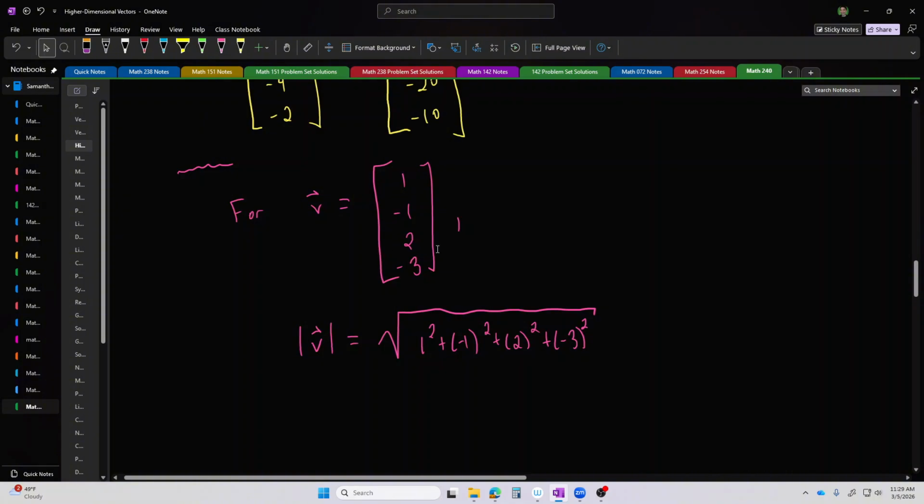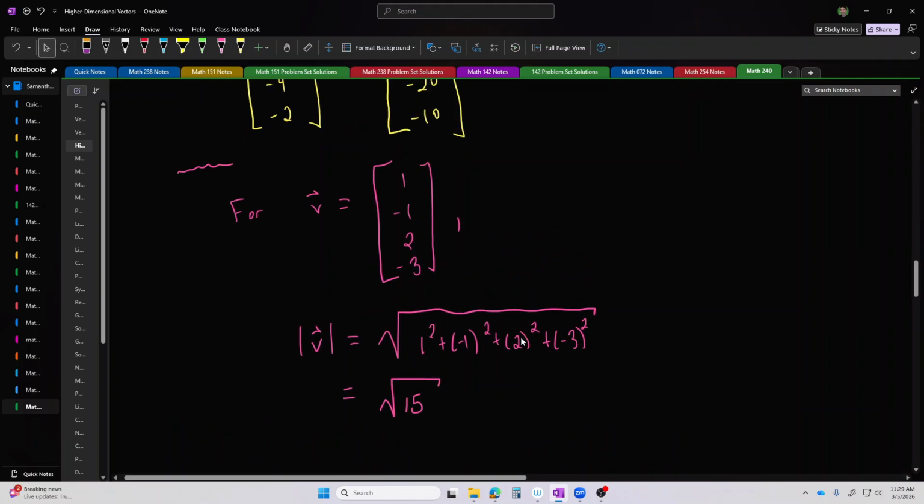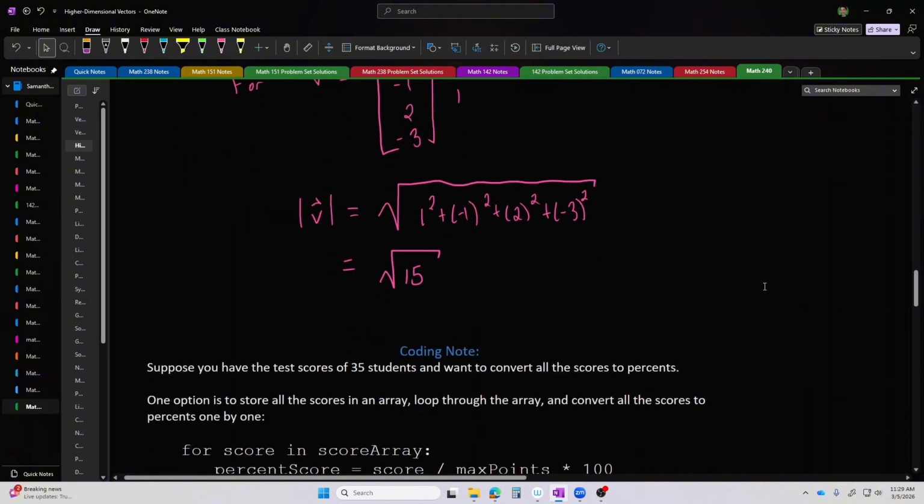Square all of the entries, add all of the results together, and then get the square root of the result. So this is 1 plus 4 plus 4 plus 9. So that's what, 18? So square root of 18 would be the length of this 4-dimensional vector.